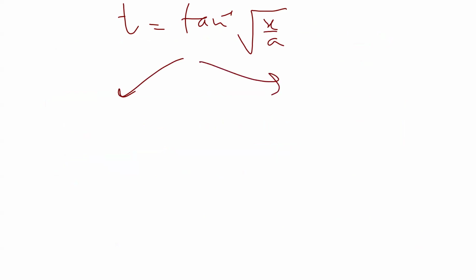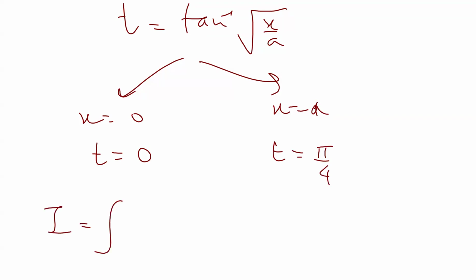Now two things, x is 0 and x is a. So when x is 0, 0 upon a, that is 0, tan inverse root of 0, tan inverse 0, which is 0. And a upon a is 1, root of 1 is 1, so tan inverse 1 is 45, pi by 4. You can put the values and check. So this will be integration 0 to pi by 4.